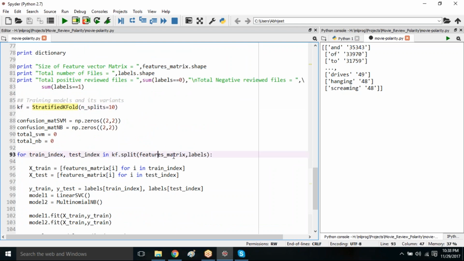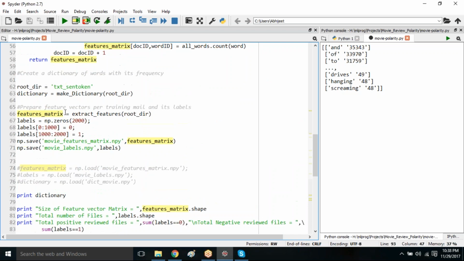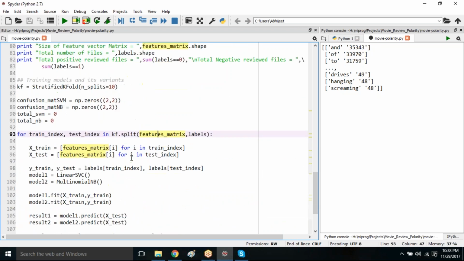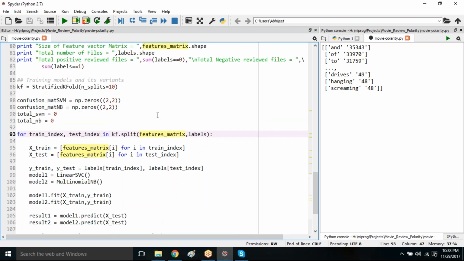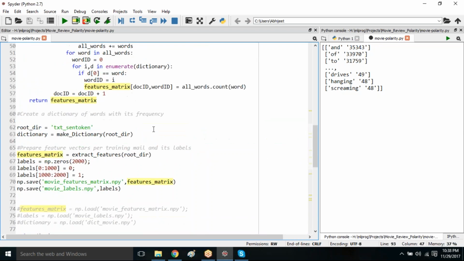The same feature vector matrix of 2000 into 2500 will be split into maybe 90-10, because you are using stratified K-fold, right?